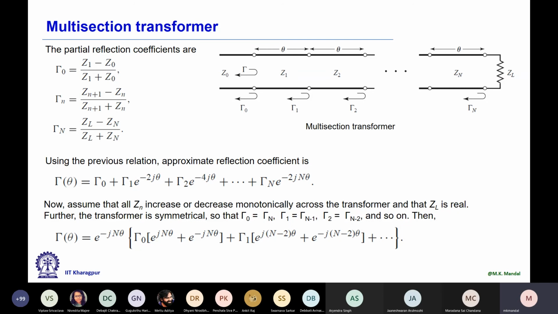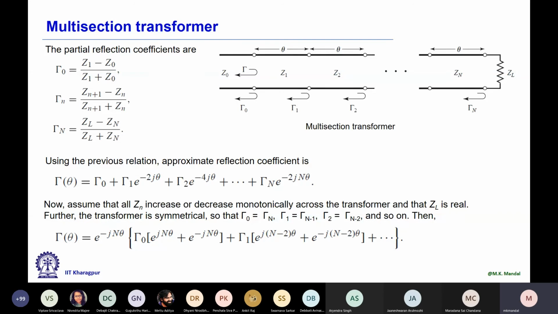If ZL is high compared to Z0, then you have to keep on increasing Z1, Z2, Z3 like that. If ZL is low, then just the opposite. So we use this assumption that all Zn either increase or decrease, not that some of them increase and some of them decrease. And also we assume ZL is real.